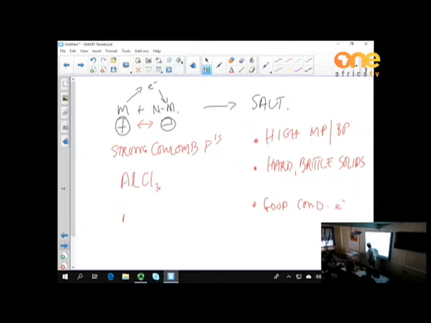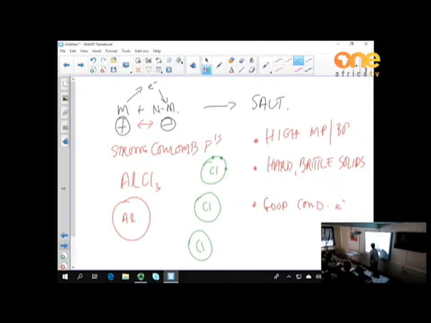Okay, so aluminium in its outer shell has got, well, in a moment, and let's do chlorines. 3 of them, 1, 2, 3 of them. Each chlorine has got how many electrons? 7. Yes, 7. I'm going to do it now. 1, 2, 3, 4, 5, 6, 7.